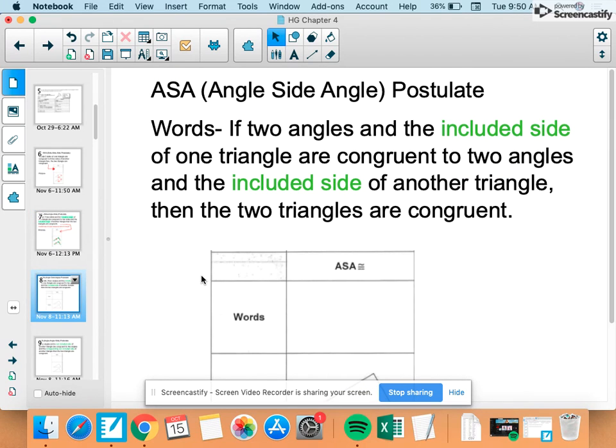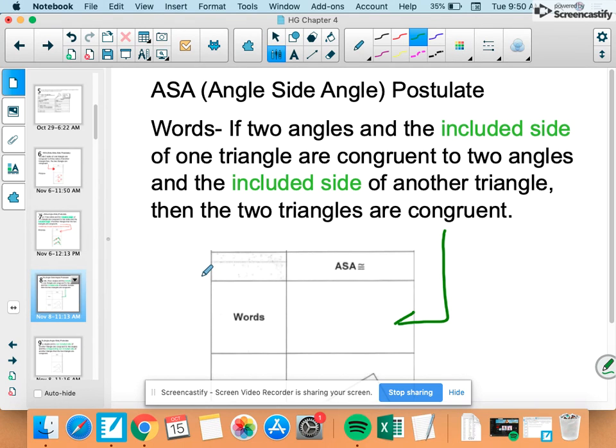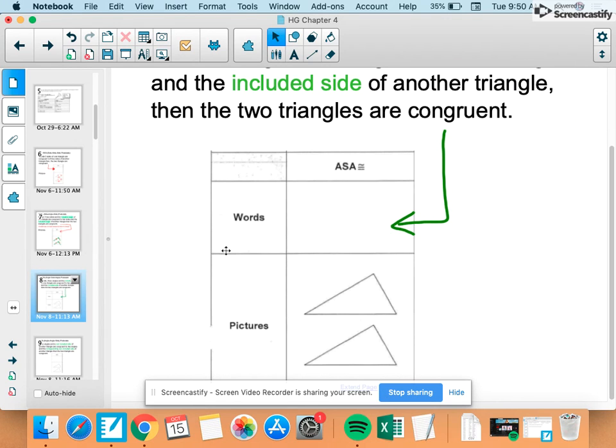The next one is angle, side, angle. That says that if two angles and the included side of one triangle are congruent to two angles and the included side of another triangle, then those two triangles are congruent. And again, you're writing that there. The key thing here is we have to have two angles and then the side in between being congruent.